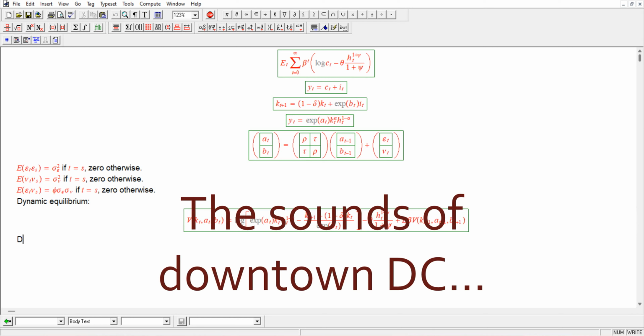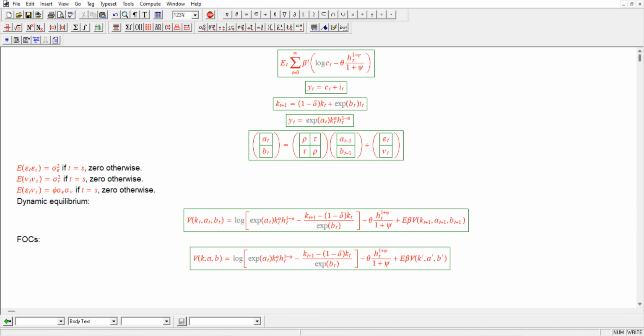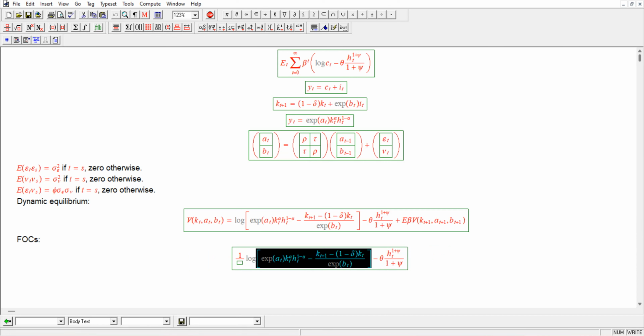Now it's time to take the first order conditions. The first one we'll take is with respect to h. And notice that h doesn't show up in the future, so this is just, so to speak, a static decision. Let's derive with respect to h. So we're going to get 1 over this expression.